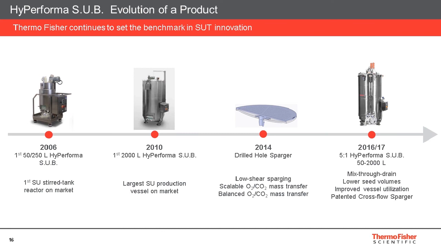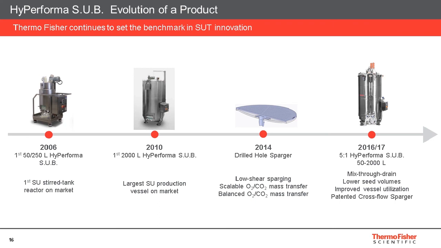We scaled up with different sizes up to 2,000 liter, which was launched in 2010. But we also improved the hardware and the consumables of our single-use bioreactor to make sure that we were always on top of the requirements of our customers, and to make sure that our customers were able to do their process in the best possible way.